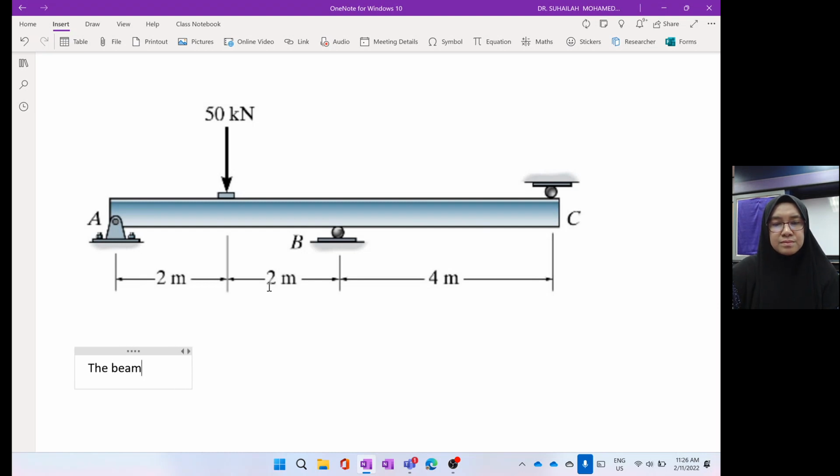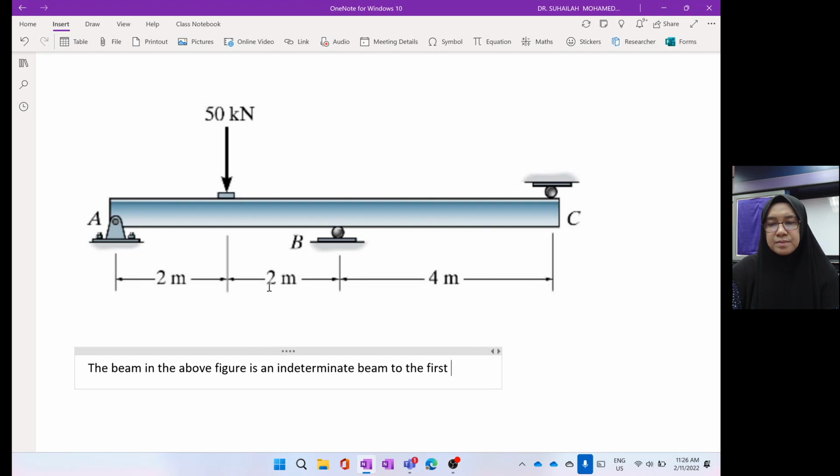The beam in the above figure is an indeterminate beam to the first degree of indeterminacy.